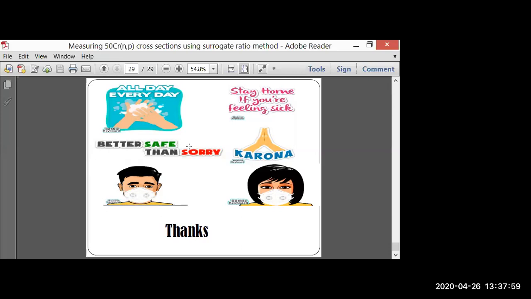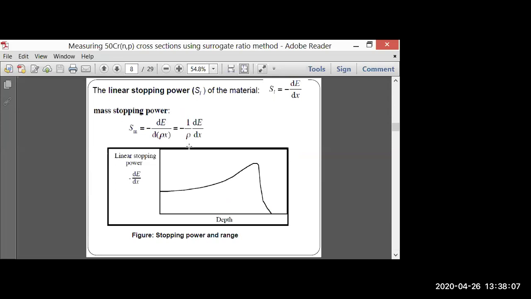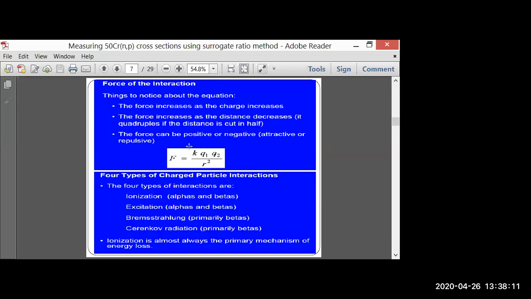My question is, what are the sources of Bremsstrahlung? This is the only source. In the beginning I mentioned the 4 processes of charged particles, so you see, can you see this? Bremsstrahlung is primarily for betas. I cannot say it is not there for alphas, but if you shoot betas or electrons, your de-acceleration is there.